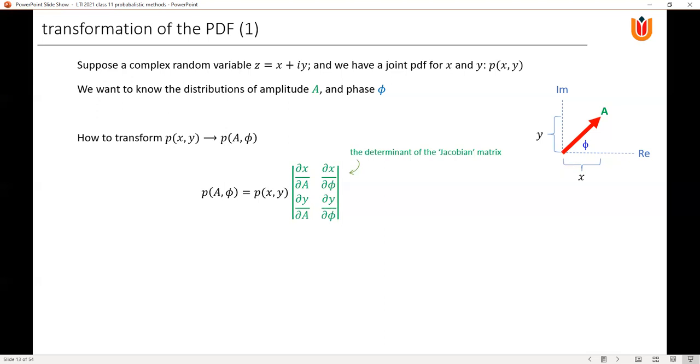That Jacobian matrix relates the change in x to the change in A, the change in x to the change in phi, etc. So we need to calculate this determinant to make that scaling equation. A question for you now: for this complex number, x is A times cosine phi and y is A times sine phi. Can you calculate that determinant?